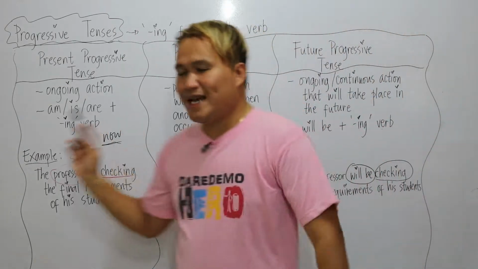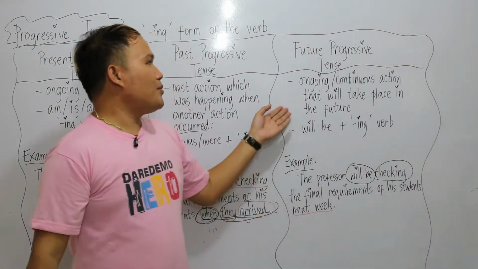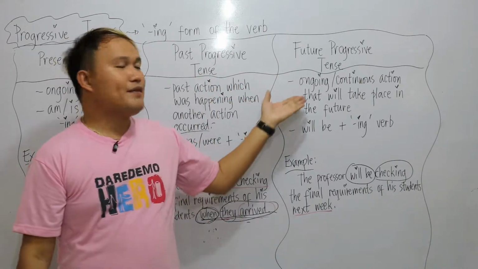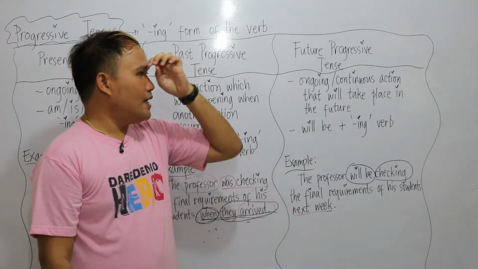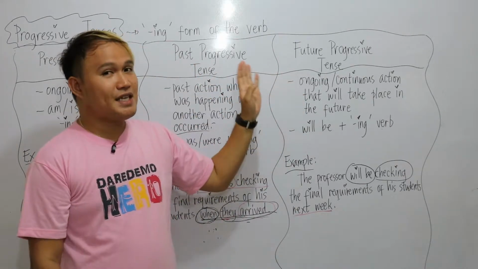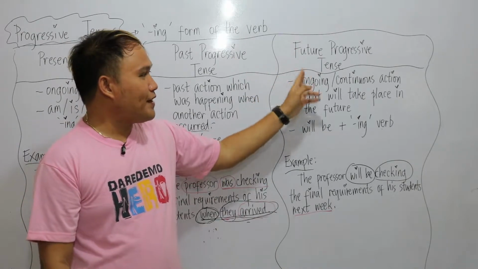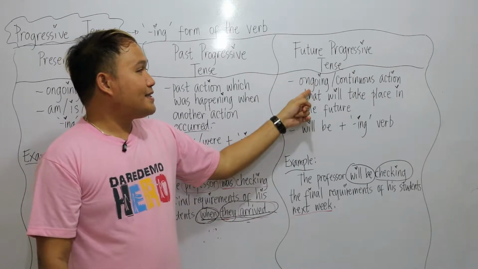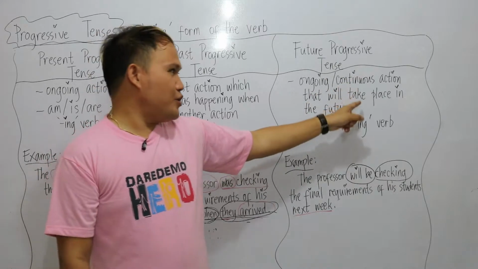Now let's move on to the last tense of progressive tense. We have the future progressive tense. Now for future progressive tense, it shows a future event. However, it's still an ongoing, continuous action.